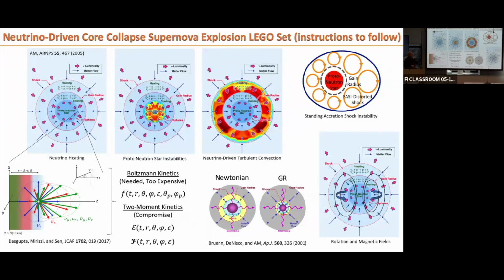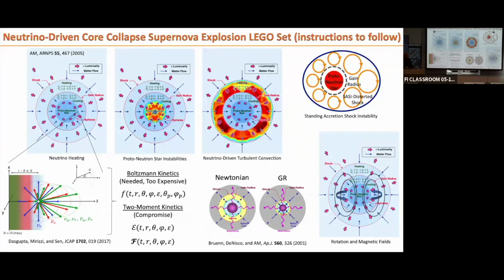Okay, so the next best thing. This is not a problem that you walk away from and come back 50 years later. This is a problem that we've made progress on by being persistent over 50 years. So the next best thing that is done now, the state of the art, is to solve for angular moments of the neutrino distribution function.